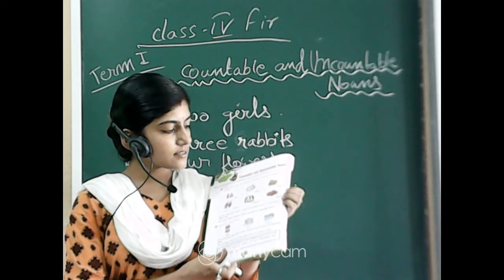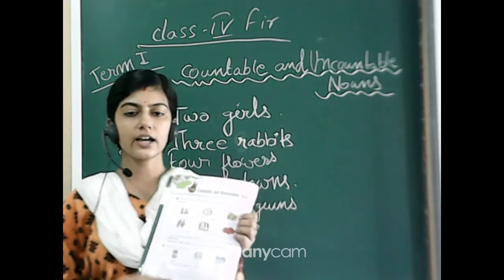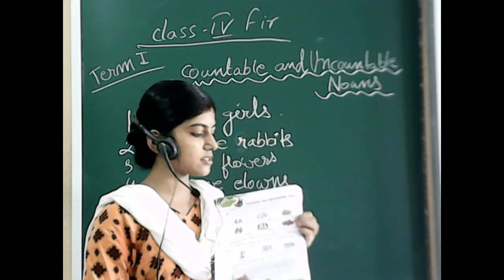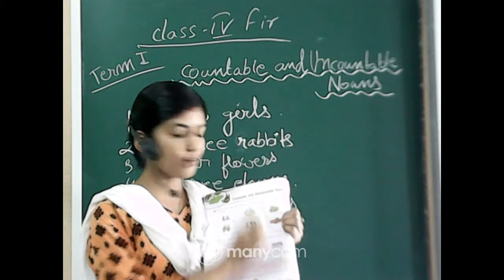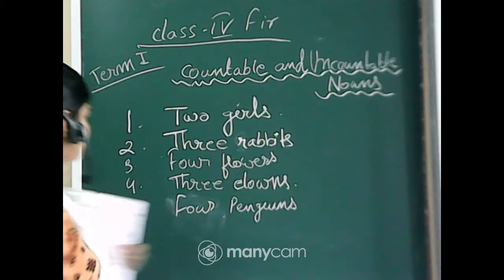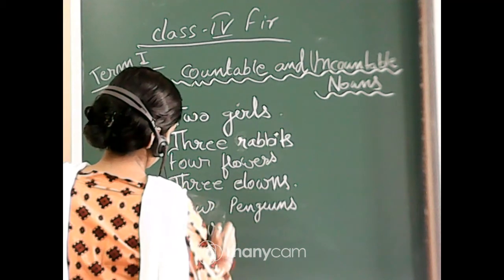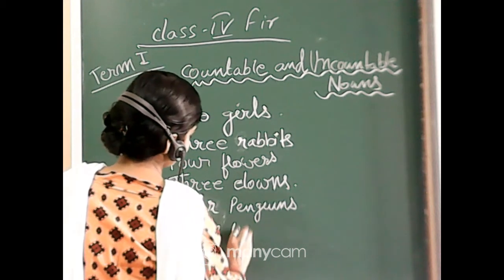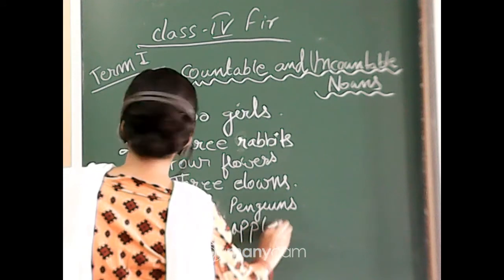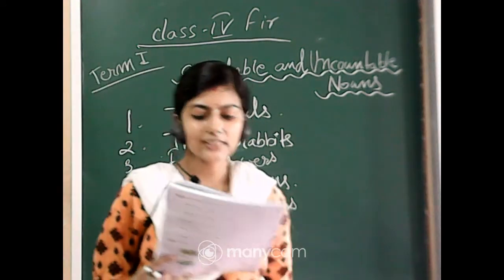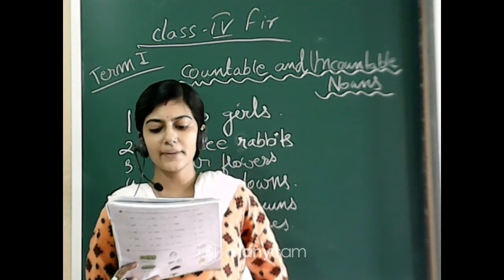Number 6, apples. We see here the picture of apples. 4 apples, 1, 2, 3 and 4. So write down 4 apples, okay? So we can count girls, clowns, rabbits and penguins.